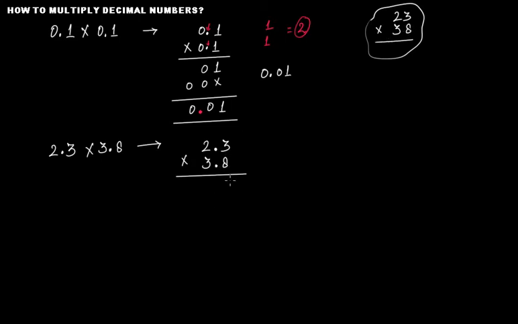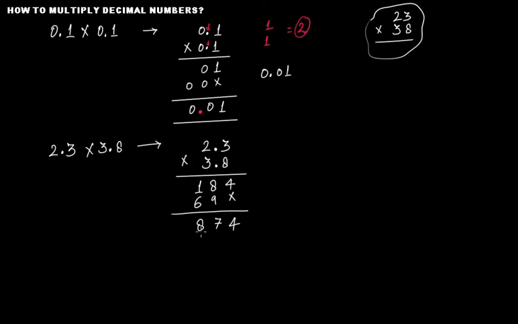So 8 times 3 is 24. 2 gets carried over here, and 8 times 2 is 16, plus 2 is 18, and then 3 times 3 is 9, and 3 times 2 is 6. When you add these, you get 4, 17 here and 8 here.